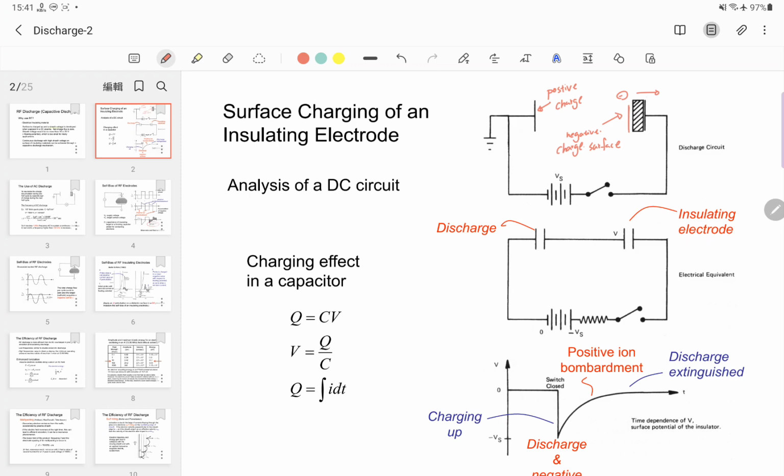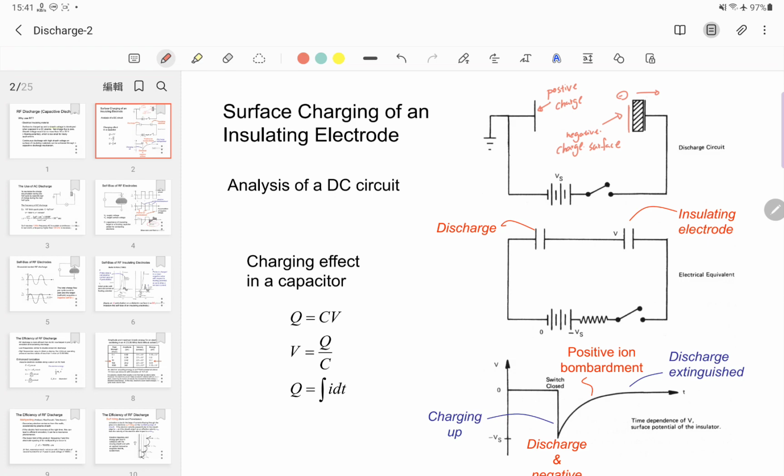Okay. So based on a basic capacitive effect, we can calculate the amount of electrical charge on the surface of the insulator. So the surface will be charged up, and the total amount of charge is Q on the surface.